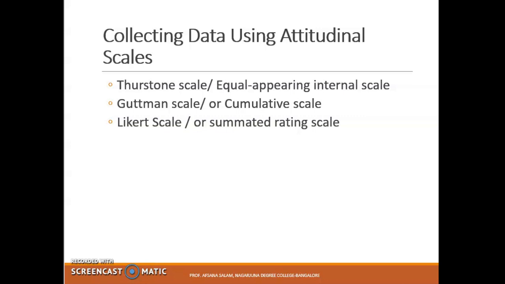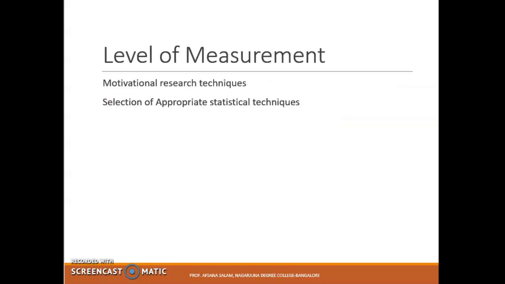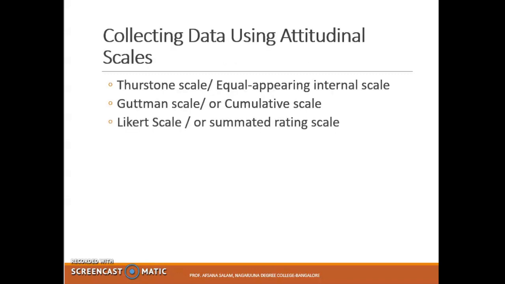So next we are going to see the topic level of measurement, where I have a short video on the different types of measurement: ordinal scale, interval scale, and ratio scale. Ordinal is actually for the Likert scale, and here, if I want to connect the three different types: the Likert scale or rating scale is also known as the ordinal scale.